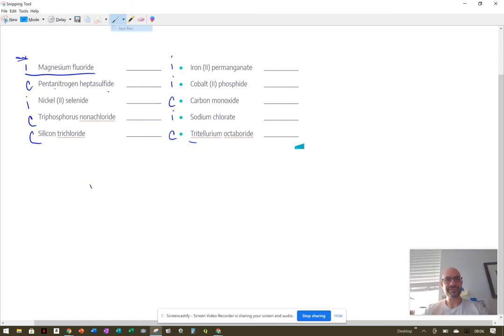So for magnesium, I write down Mg, and I want its charge. It's going to end up being +2. And then I also want to write down fluorine with its charge, because we're going to crisscross those charges. Let's write this down here, Mg +2 and F -1.